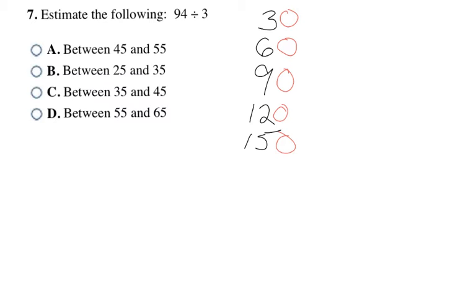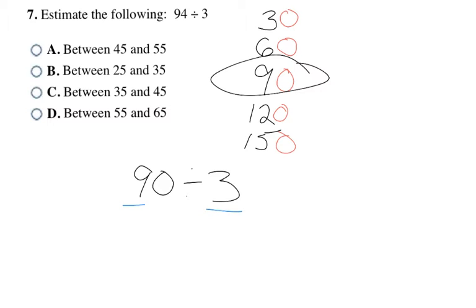And if I look, 90 is close to 94. So that means I can try taking 90 divided by 3. And here, once again, I can look at those beginning numbers. 9 divided by 3 is 3. And then I have the 0, and I'll just add the 0. So 90 divided by 3 is 30.